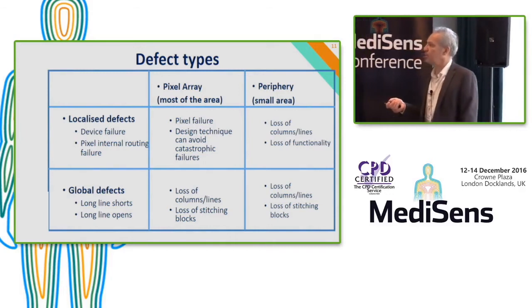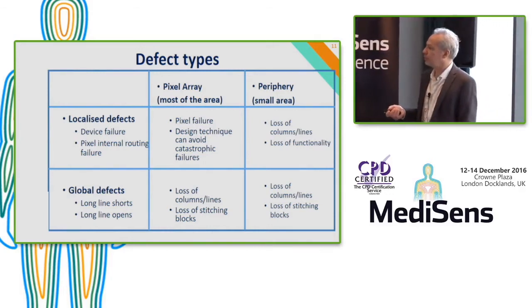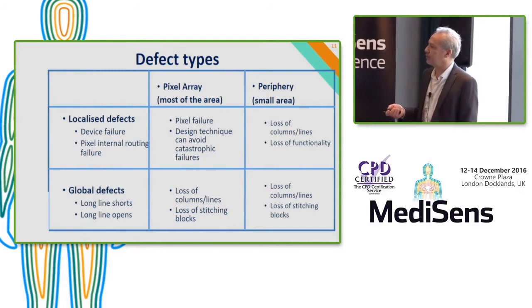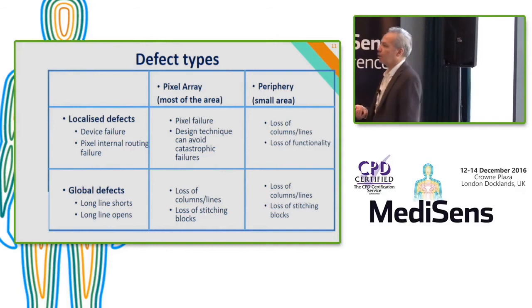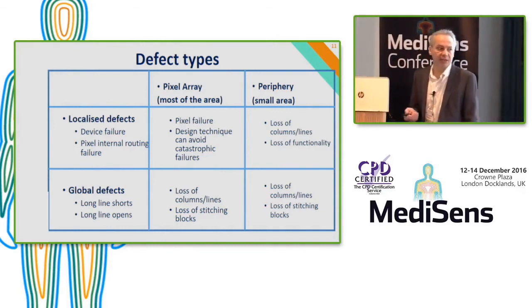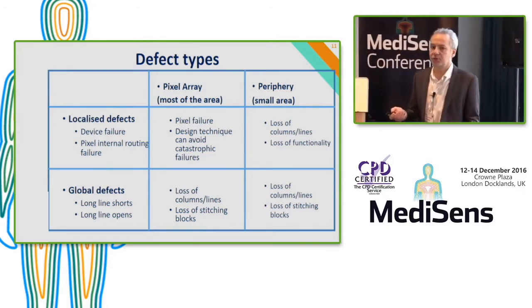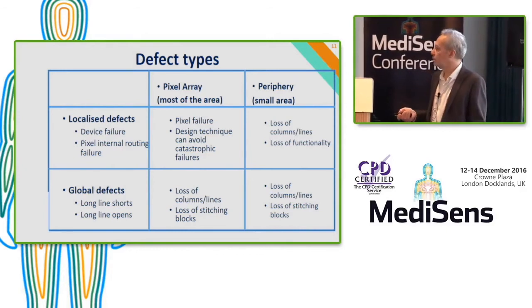And then if you go down, of course, if you have shorts, then you can lose columns or rows, so lines in general, and then sometimes you can also lose stitching blocks, and that can be a problem.